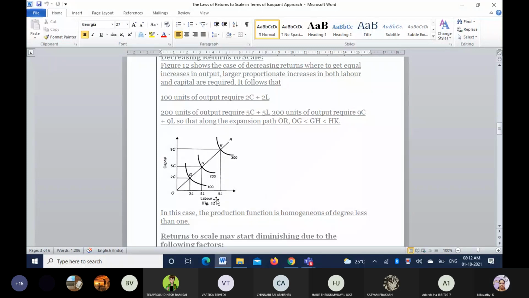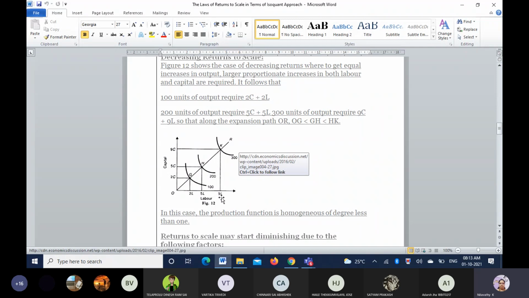Why? Because if 2 units were used, then you cannot produce 200. You will be producing below 200 only. So that is an indication that the returns are in a diminishing order. Okay, so the same way, for the third unit, using 4 units of capital and 4 units of labor.